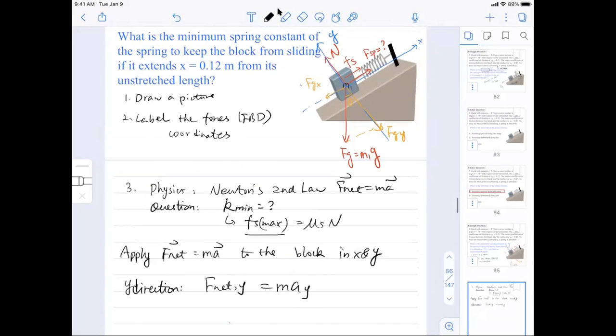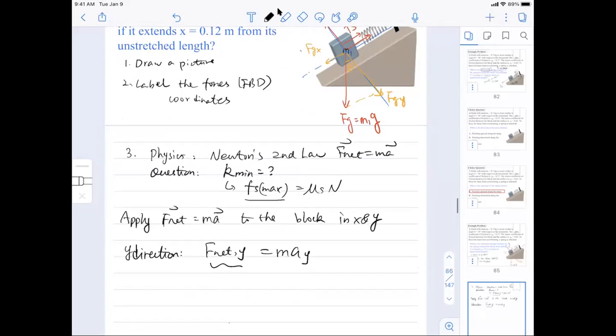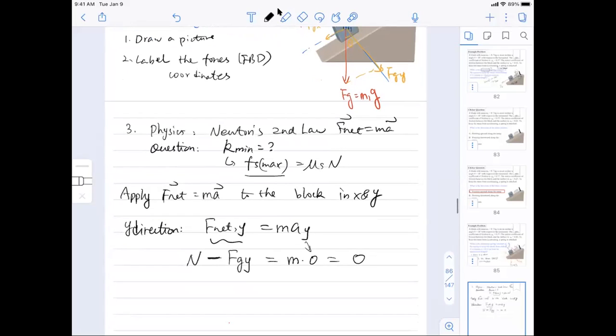Hopefully at this stage, you're very familiar with our process. There are two forces in the y. One is the normal force, one is the component of gravity that's in the opposite direction. That's why you have a negative sign, equals m times 0, since acceleration in the y equals 0. So this tells me the normal force is equal to Fgy, just mg cosine theta.